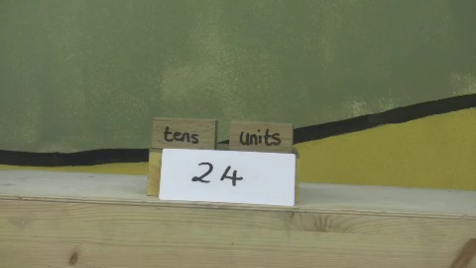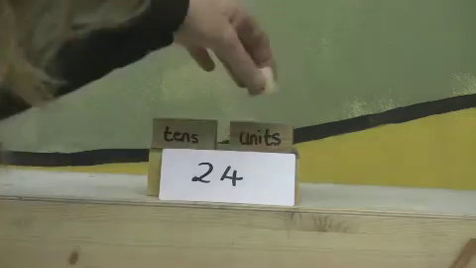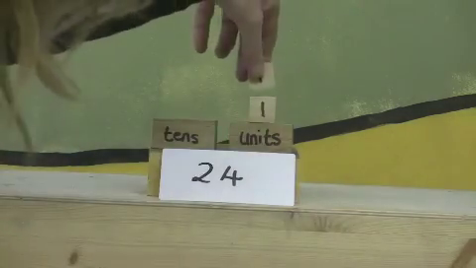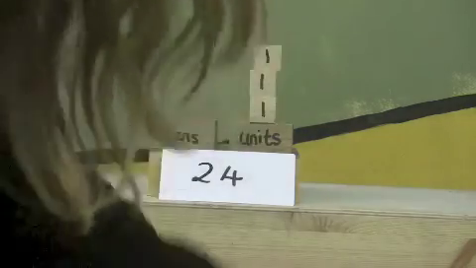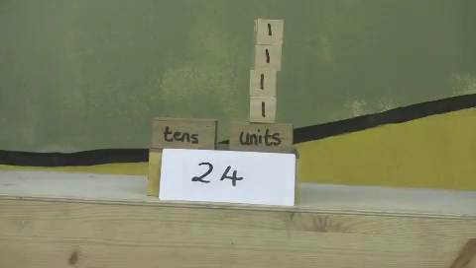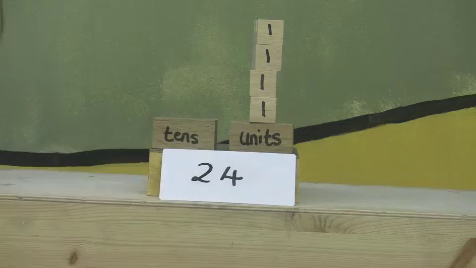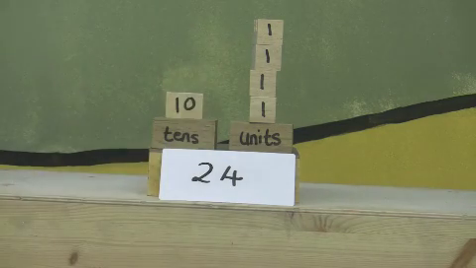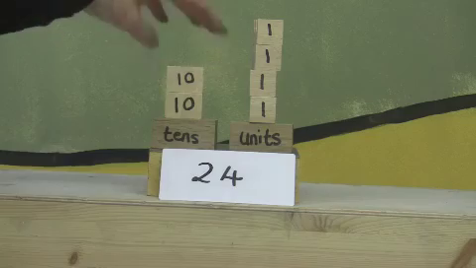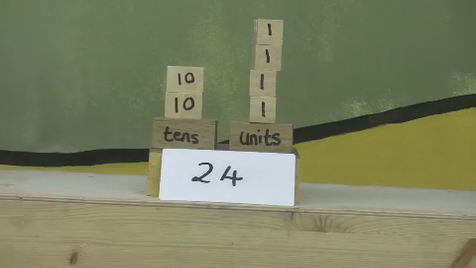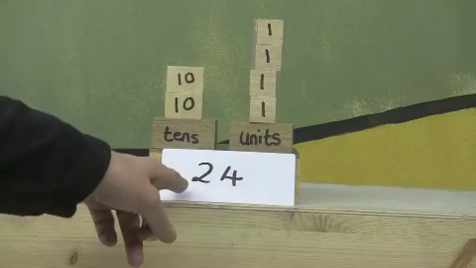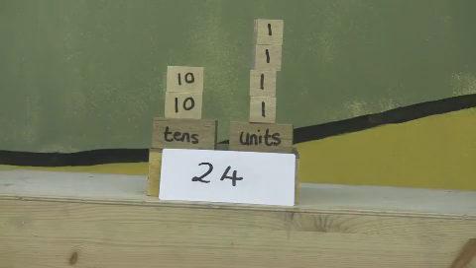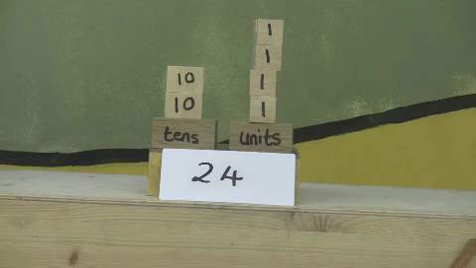For example, in the number 24, we have 4 units, 1, 2, 3, 4, and 2 tens. 1, 2. 10, 20, there's the 20. 1, 2, 3, 4. 24. 2 tens and 4 units. 24.